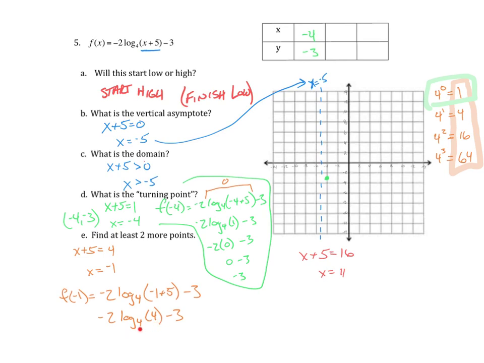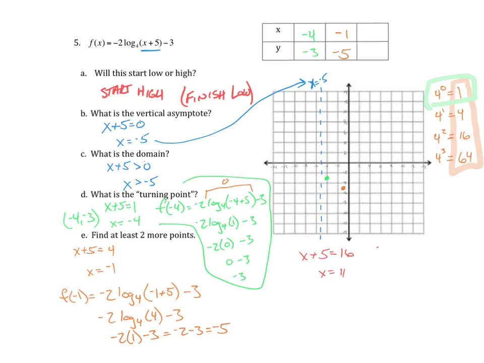It's a 1. So I have negative 2 times 1 minus 3, or negative 2 minus 3, also known as negative 5. So we have the point negative 1, negative 5 as part of our graph. And that's going to be right in the middle of a square.